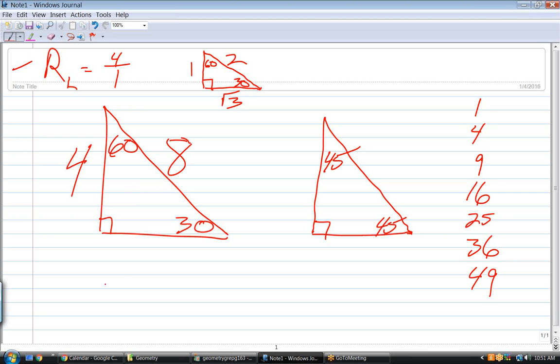So what's this side down here? It'd be 4 times the square root of 3. Just say 4 root 3. You don't need to say times. When I write 4 root 3, it means times. It's like not needing to say 4 over 1. You could have just said the linear ratio is 4 times. There's nothing wrong with 4 to 1.